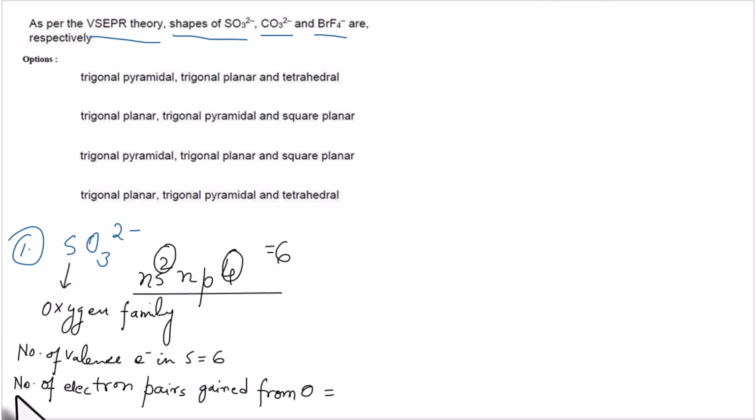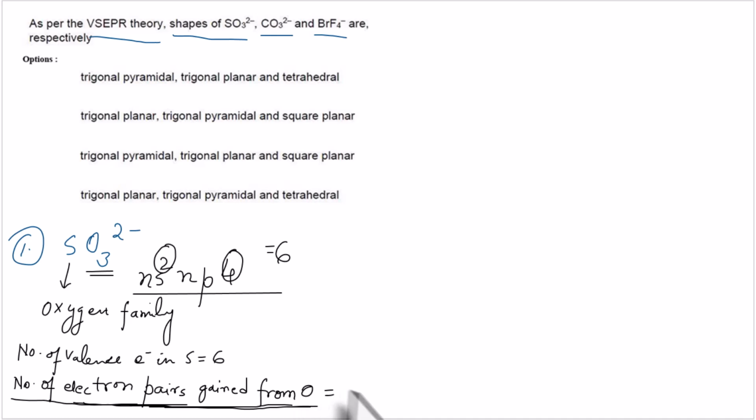Then we have to write the number of electrons gained from the bonded atoms, that is, oxygen. Here we have 3 oxygens bonded, but if you remember from my previous videos on VSEPR theory, I have mentioned that whenever there is a probability of a double bonded oxygen, then we do not count the electrons gained from the doubly bonded oxygen.